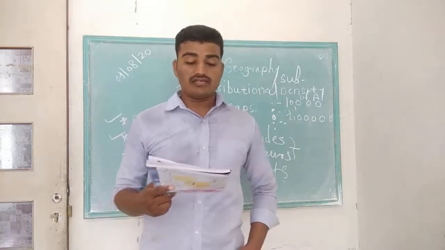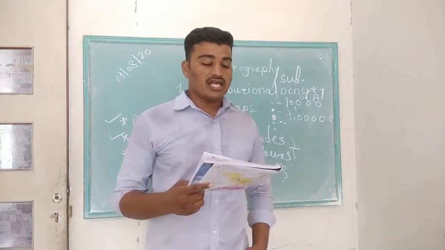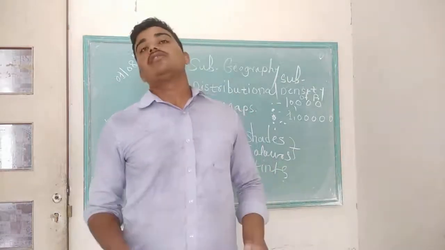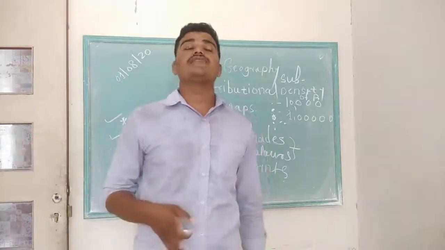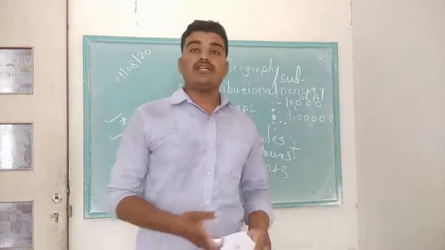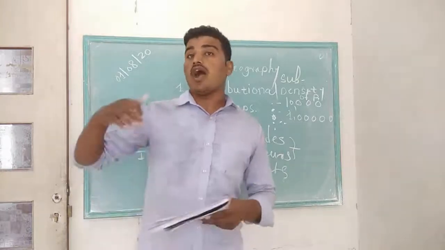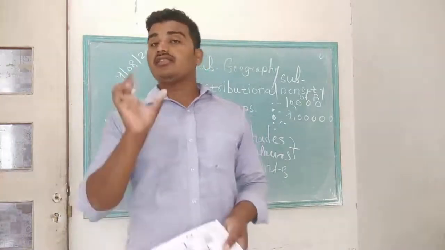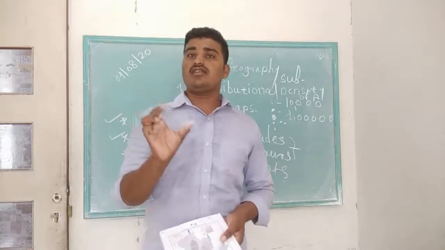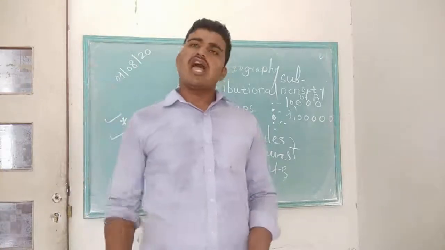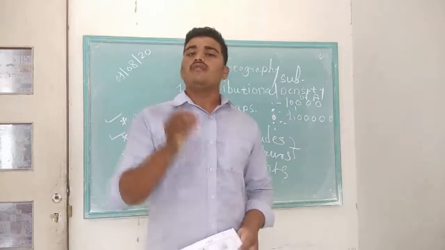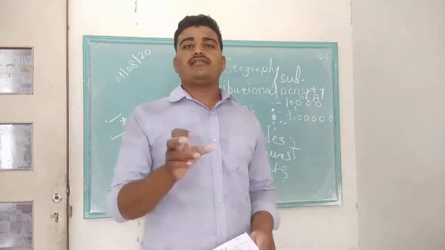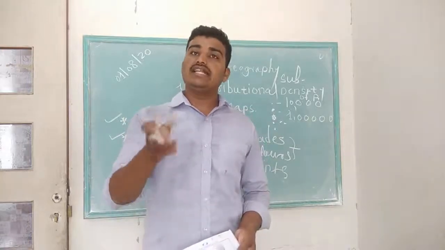After 5 or 7 classes are made, each class is assigned a tint of some color or black and white patterns. So 5 or 7 tints are made, and these tints are used as shades of the color. If there is high population in the city area, then a dark color tint is used for that. If there is less, rare population, then a very faint color tint is used.